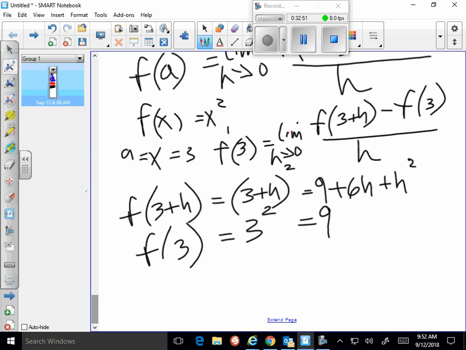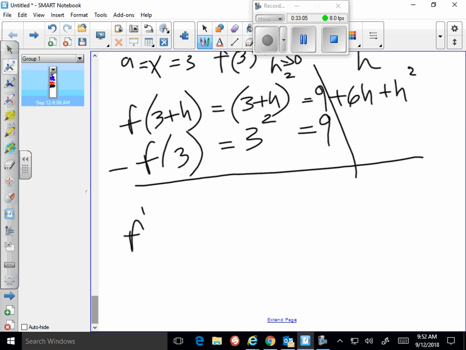What am I supposed to do with those two things that I found? I subtract them. What should always happen? This thing should always disappear completely. Behold, it did. And so now I've got f prime of 3 equals 6h plus h squared all over h.